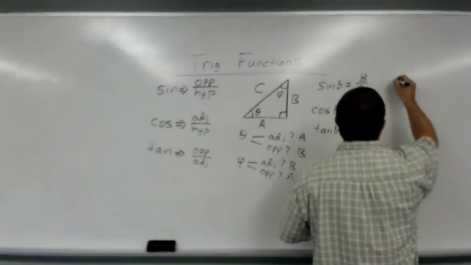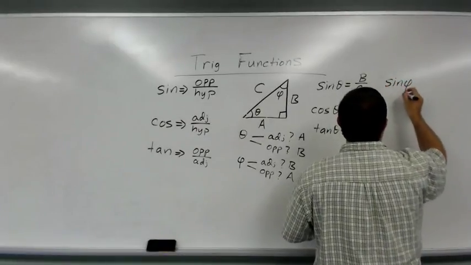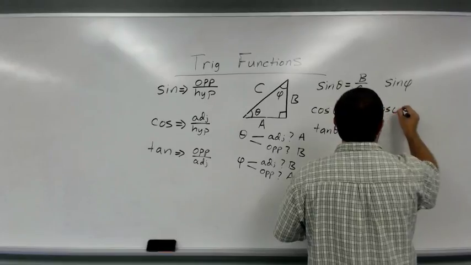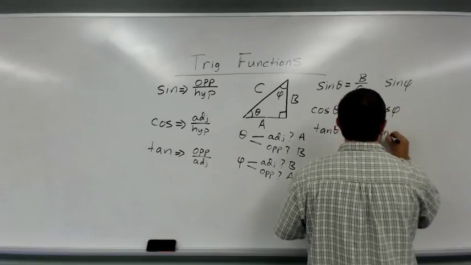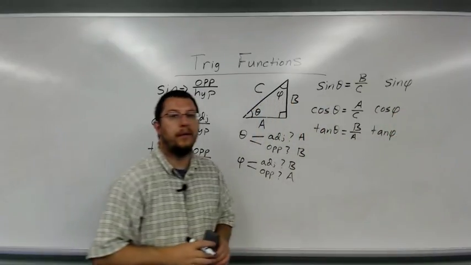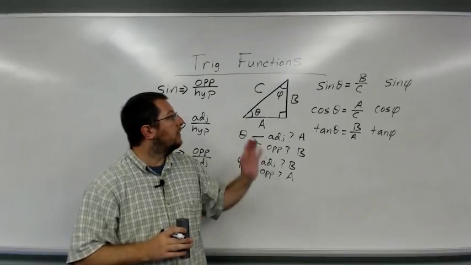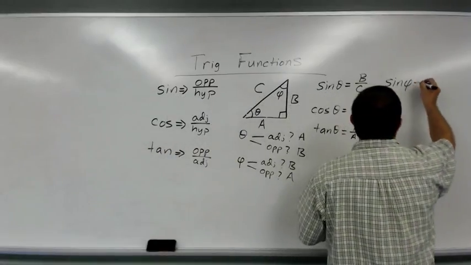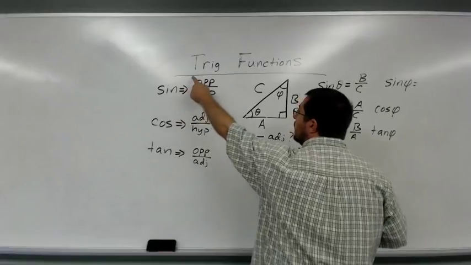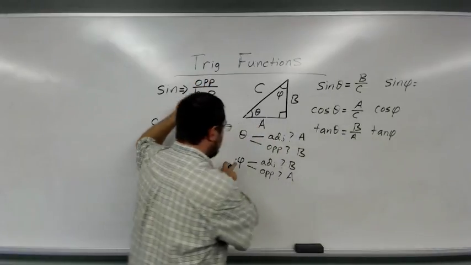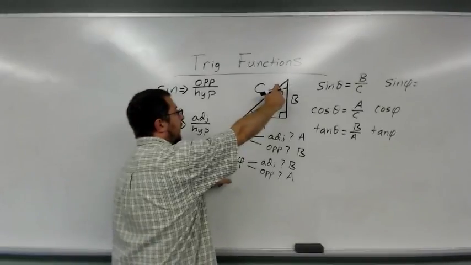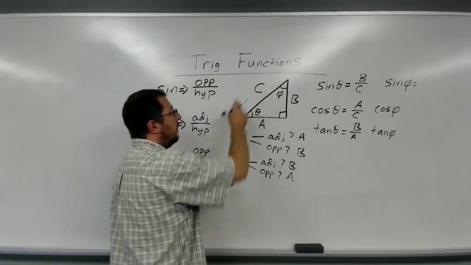Okay, so we're going to have sine phi, cosine phi, and tan phi, right? And what we can do now is the same thing. Sine is opposite over hypotenuse. So we come down here to phi, and my opposite is A over C.